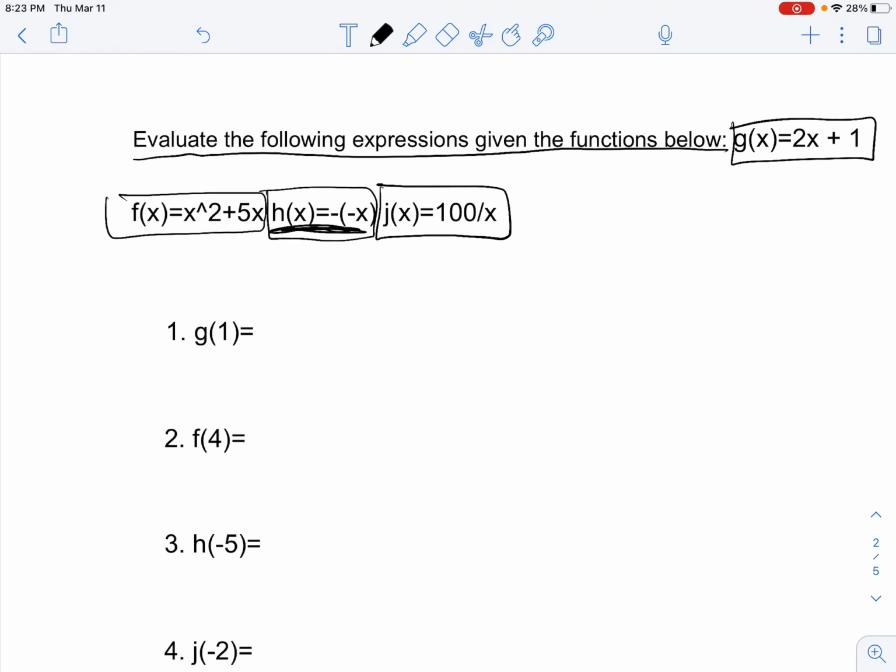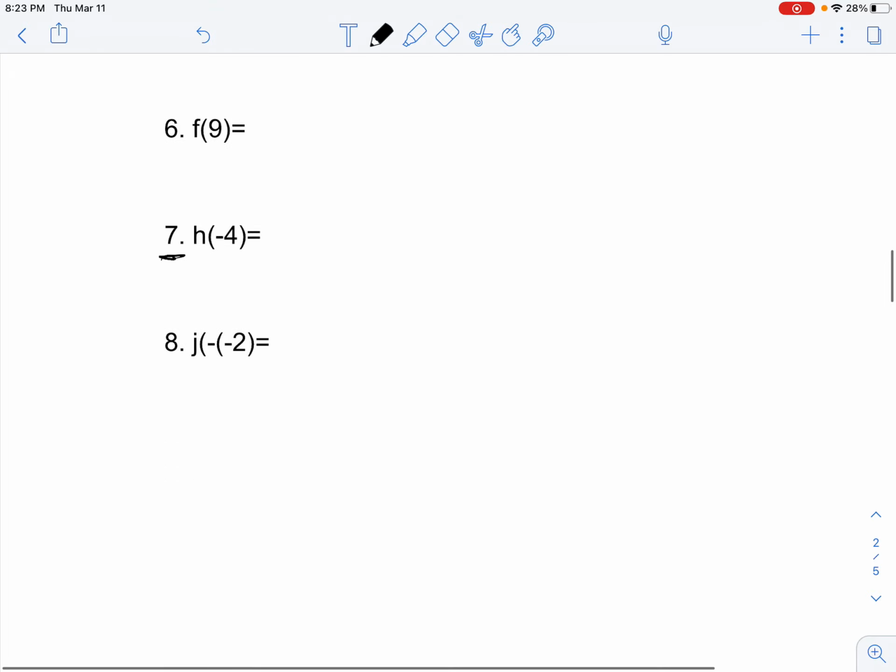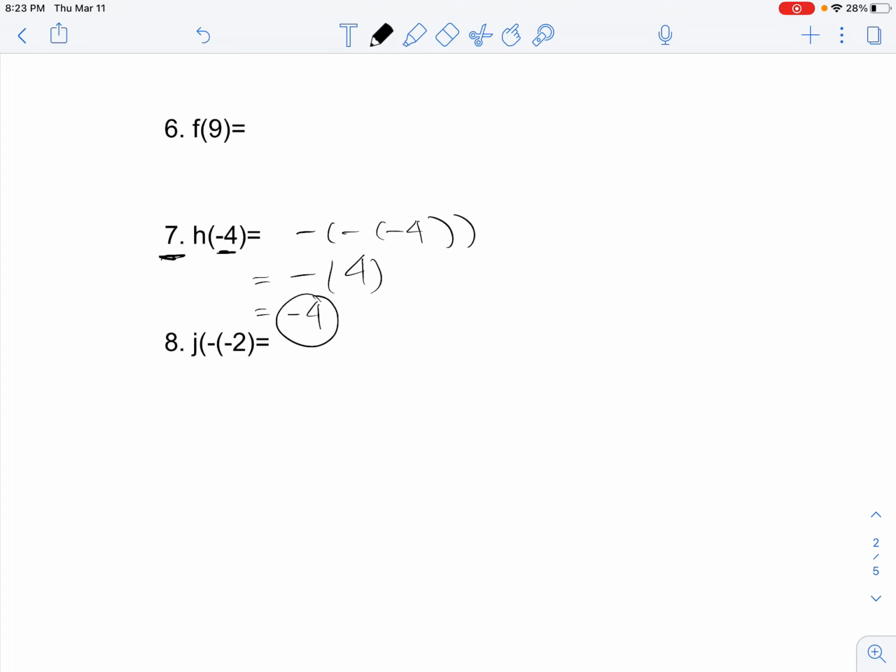That's the hx function, and we can see that it's negative times negative x. If we have negative times negative x, and our x is negative 4, we can substitute that x and replace it with a negative 4. Now, negative times negative 4 is a positive 4. Negative times positive 4 is just negative 4, and that would be our answer.